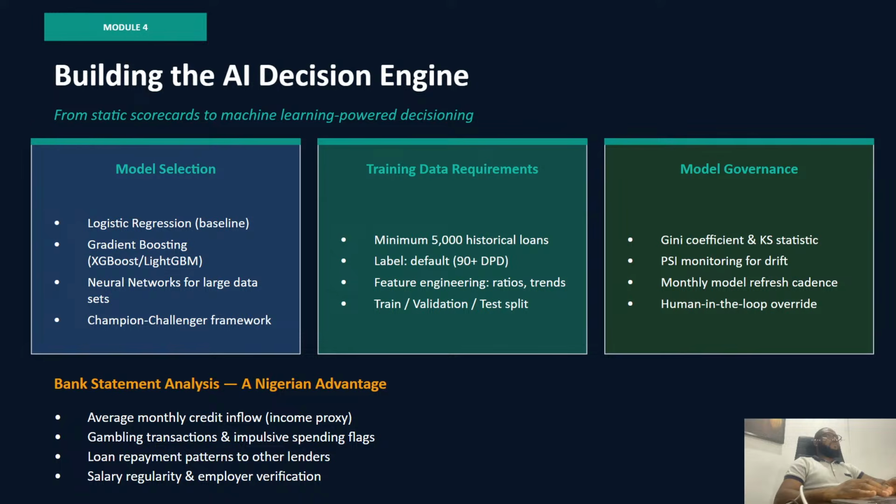So, building the AI decision engine from static scorecards to ML-powered decisioning. We're going to have a separate webinar, like I mentioned, on how credit is modeled.